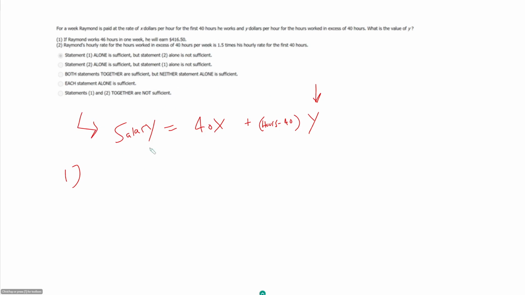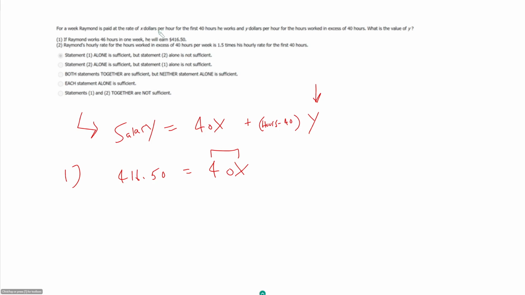So we know his salary for the week is $416.50. If he works 46 hours for the week, he gets 40X. So still, this is always the same, assuming he works at least 40 hours. We don't know what X is, though.